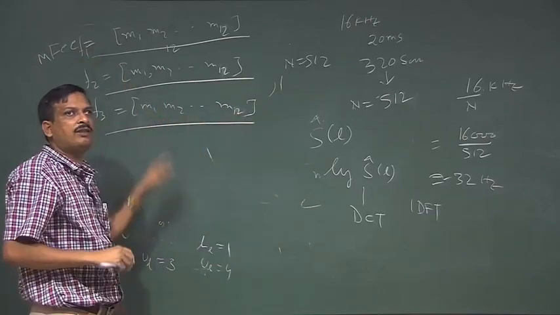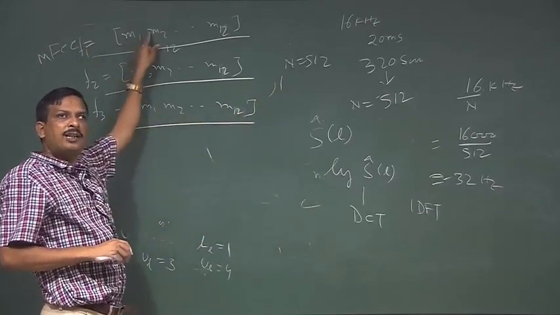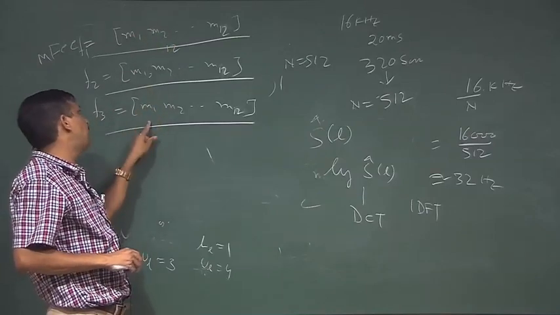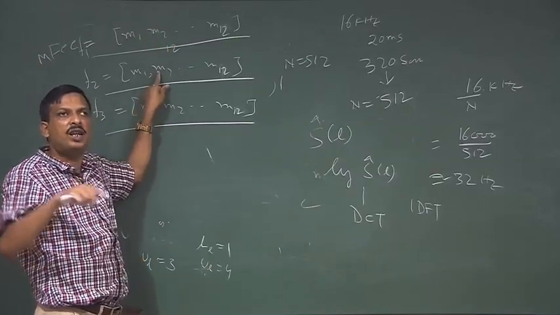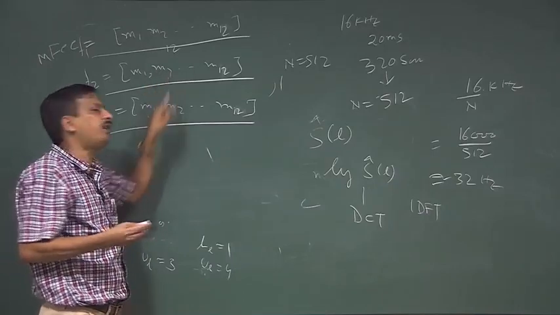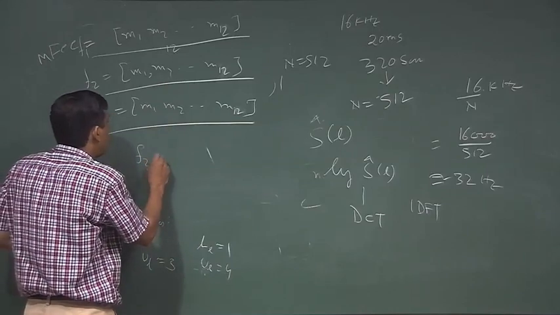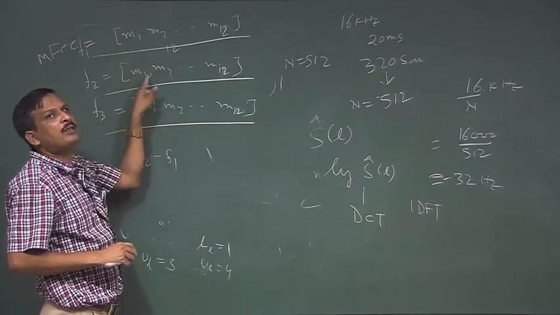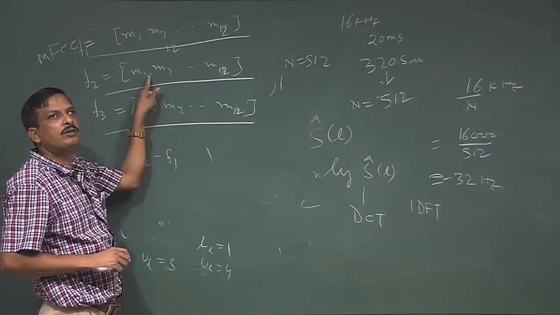So, what are the dynamics? Dynamics are the difference between frame 1 and frame 2, and the difference between frame 3 and frame 2. If I say first order dynamics, then I can say F2 minus F1, frame 2 MFCC parameter minus frame 1 MFCC parameter. Okay.